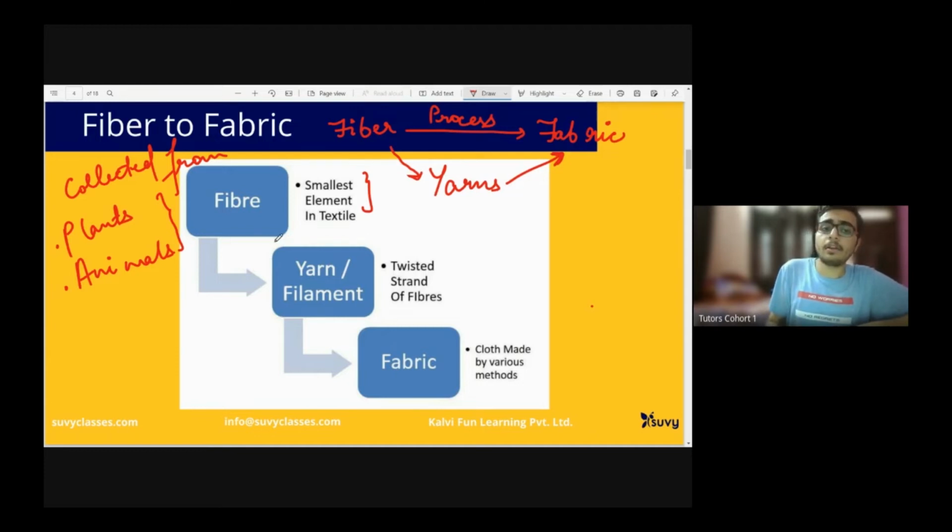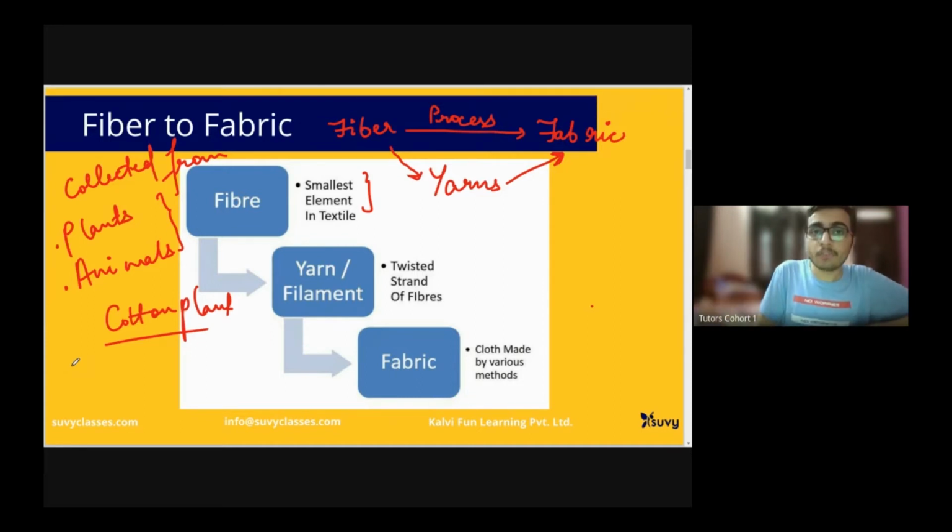Now, I'll explain. When we go to a cotton plant, if I take this example, things will get very clear. You might have seen cotton plants, or might not have. They contain balls, cotton balls. Now these balls cannot be worn or used to make cloth directly, right? You need to flatten these, or make some kind of thread from it so that the thread can be used to make the fabric.